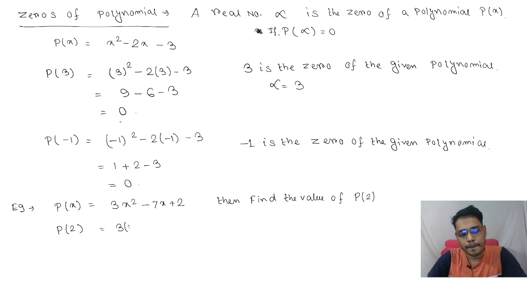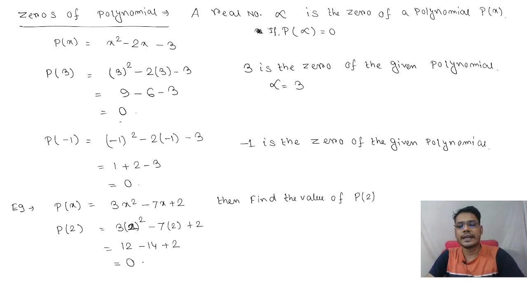So 3 times 2 raised to the power 2 minus 7 times 2 plus 2. So 12 minus 14 plus 2. Let's check, it is also 0. It gives you the value 0. That means here we can say 2 is the zero of the given polynomial.